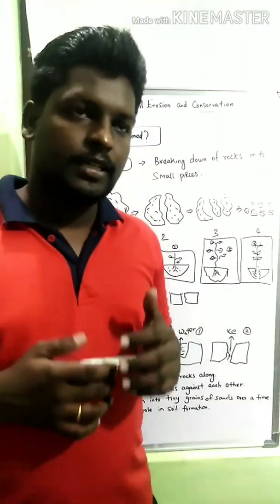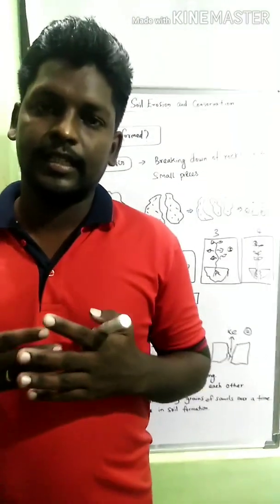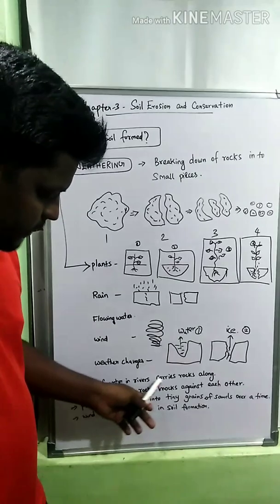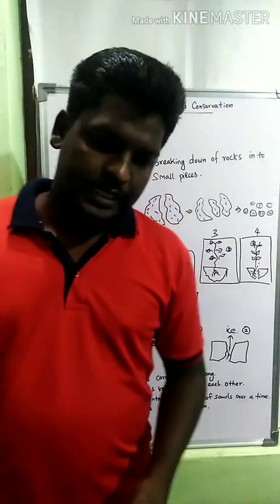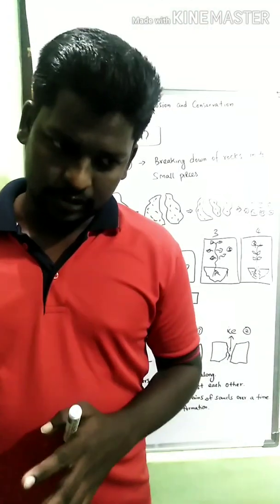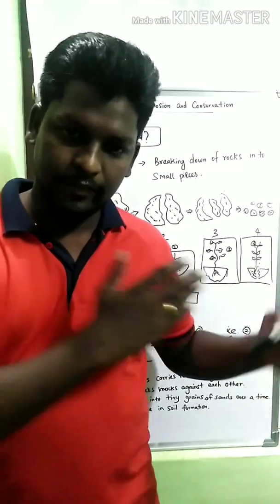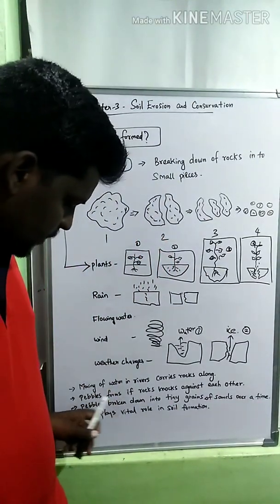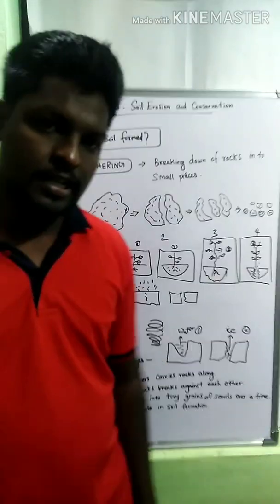Okay, after this there are some other things that help this weathering process. Moving water in rivers carries rocks along, which means the water takes the soil and rocks and flows in the rivers, as I told you under flowing water. Next, pebbles form if rocks knock against each other.